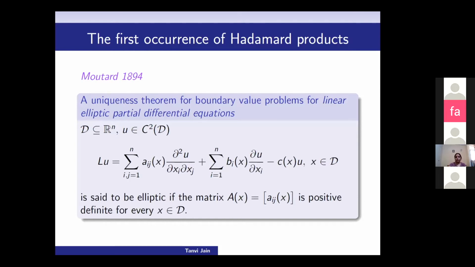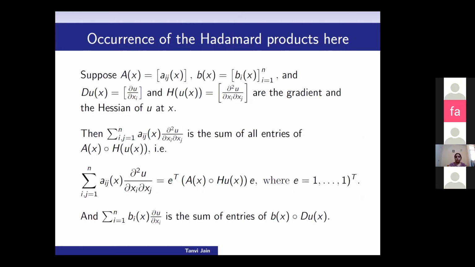How do the Hadamard products come into the picture? Let's see. So if we take A(x) as aij(x) and b(x) as the vector bi(x), now for the gradient, you would have done a course in several variable calculus, we denote Du(x) as the gradient at x, so del u by del xi at x, and H u(x) to be the n cross n matrix, which is the Hessian, that is del square u by del xi del xj.